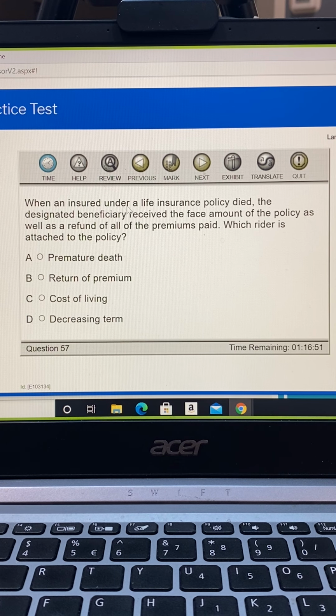When an insured under a life insurance policy dies, the designated beneficiary receives the face amount of the policy as well as a refund of all premiums paid. Which rider is attached? Return of premium. Yeah.